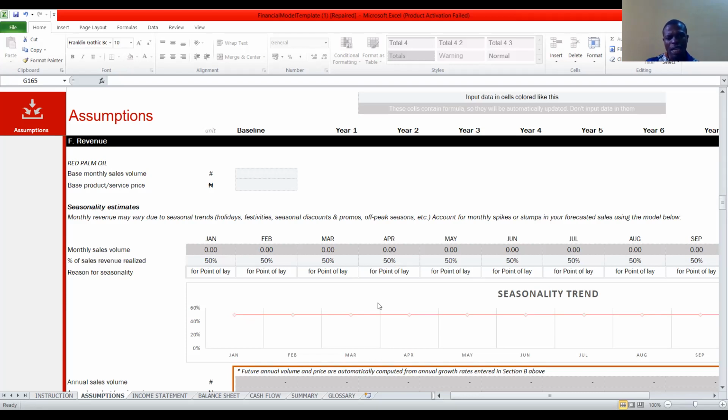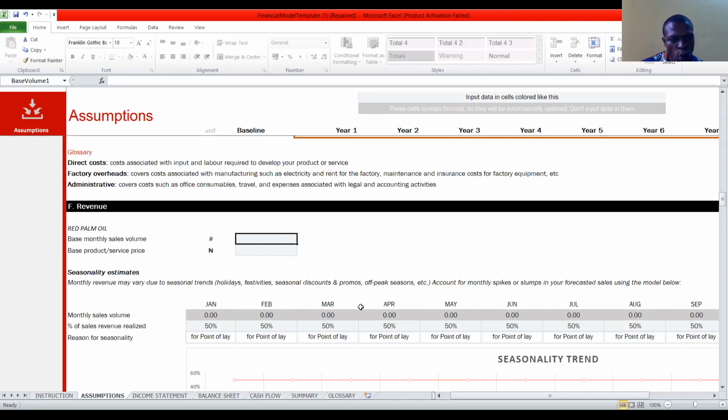Red palm oil, it will be selling 4,800 liters at the rate of 500 naira per liter per month. Okay, 4,800 liters.